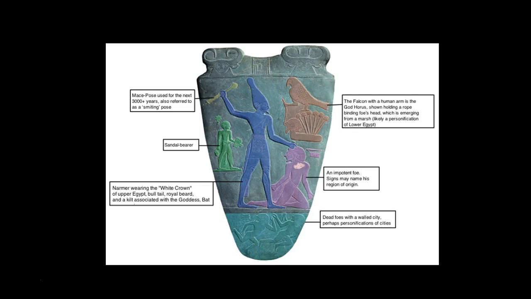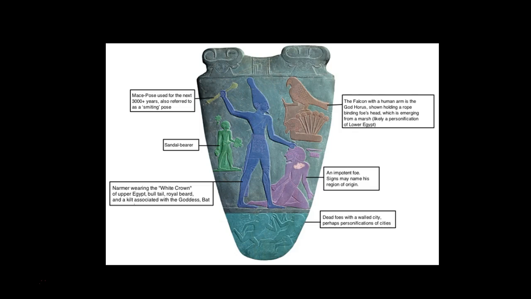This is the first preserved example where both crowns are used by the same ruler. So that's something else to think about. On both sides, it's not two different rulers. It's the same person wearing both crowns. So again, signaling perhaps this unification of Upper and Lower Egypt.